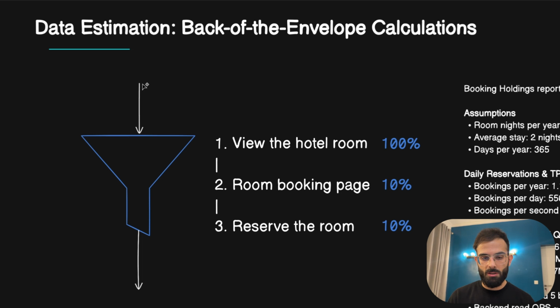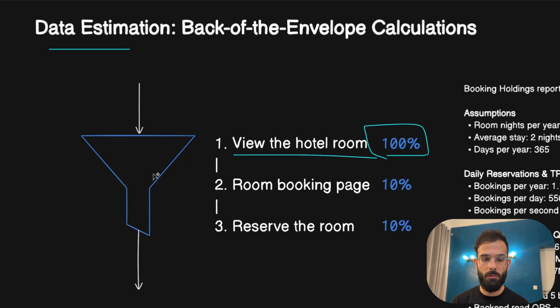The users that come to the platform are at the top, the users who are viewing the hotel rooms. This is 100% of the traffic. Next, out of these users, probably only 10% will go into browsing the hotels, searching for some good matches and booking the hotel. That will be the second layer.